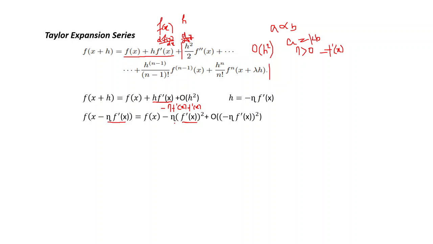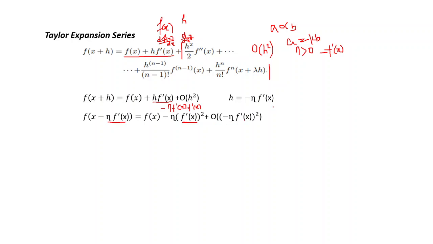So this is why the term looks like this: eta into f prime x for h into f prime x, which was already there. So this is going to look like this, and now this is also substituted. Now this minus eta f prime x, the whole square.